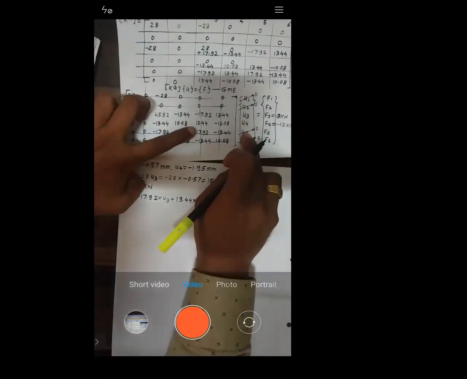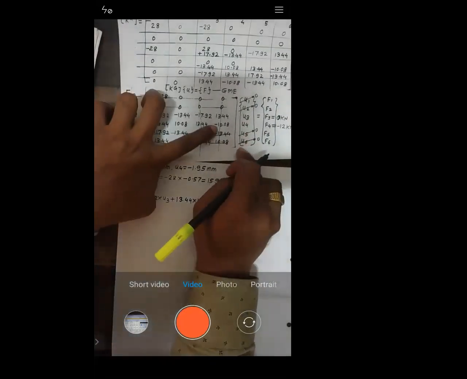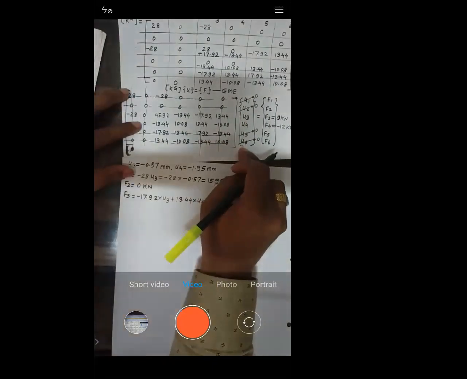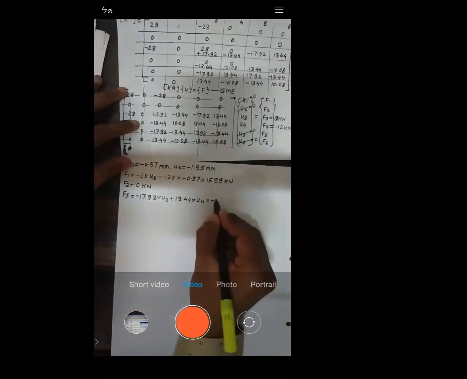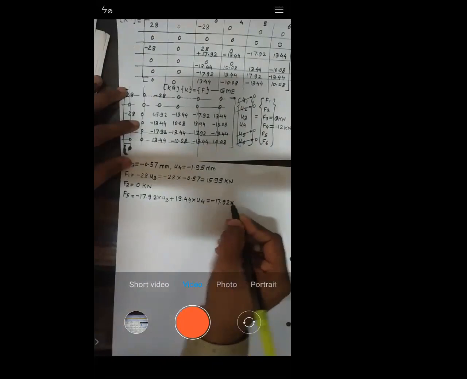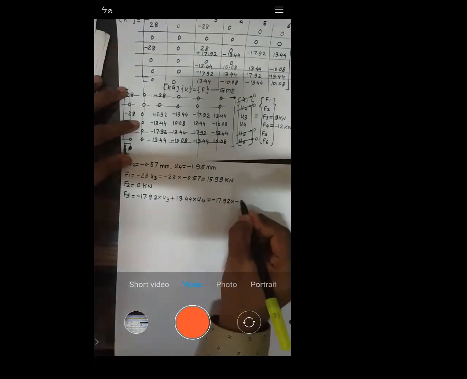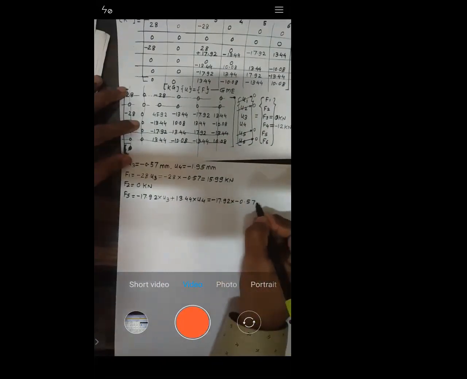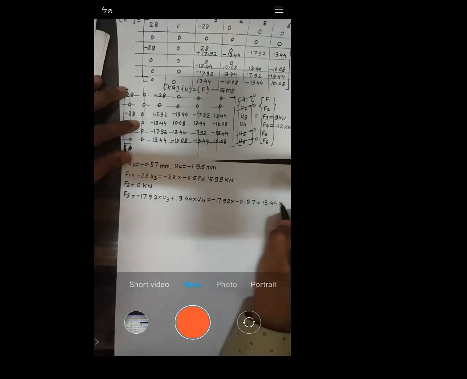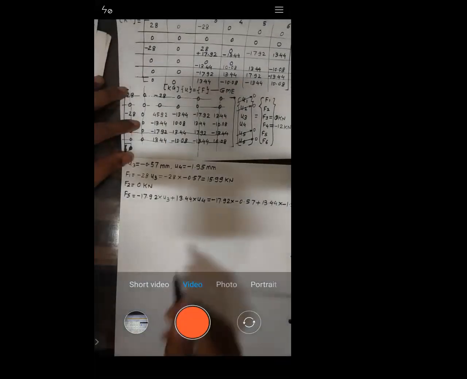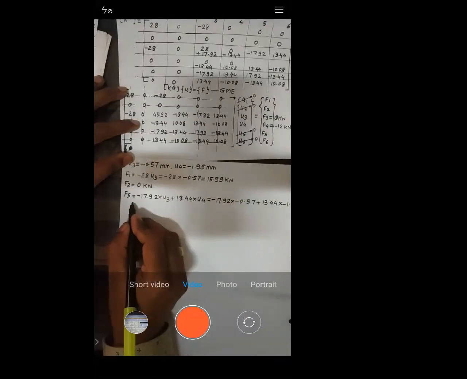Then this is 0, and again this is 0. So just do this calculation: minus 17.92 into U3, which is minus 0.57, plus 13.44 into U4, which is minus 1.95. So just get the answer. How much is it? F5.